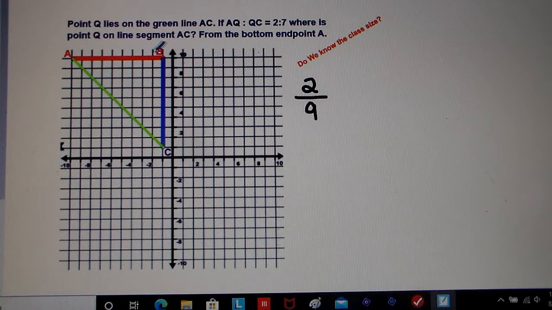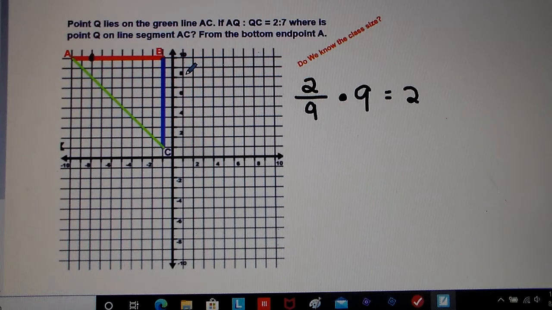So the length of line segment AB is a total of 9 boxes. So we're going to do 2/9 times the total length of AB. So 2/9 times 9 is equal to 2. So from A we go 1, 2. That's where the horizontal length from A to C is going to be right there.